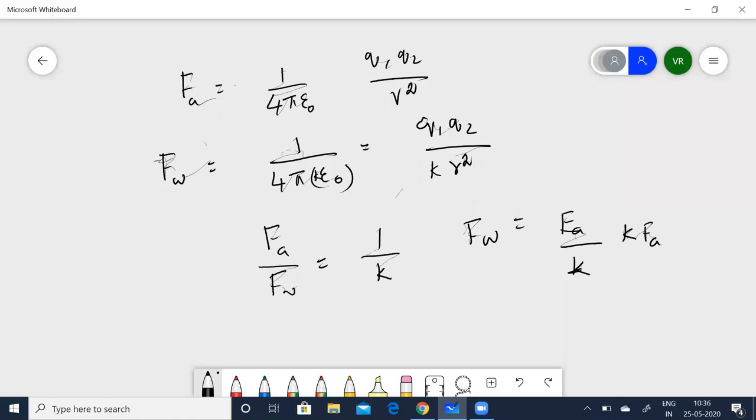Am I right? So I am dividing these two, and everything will get cancelled.